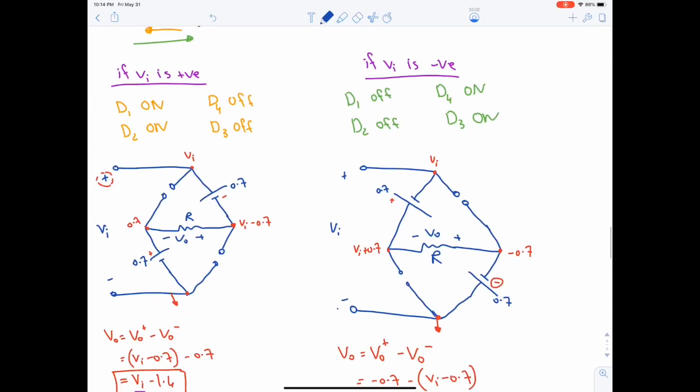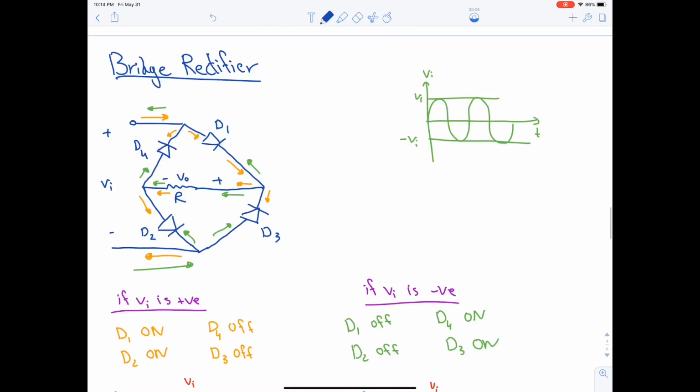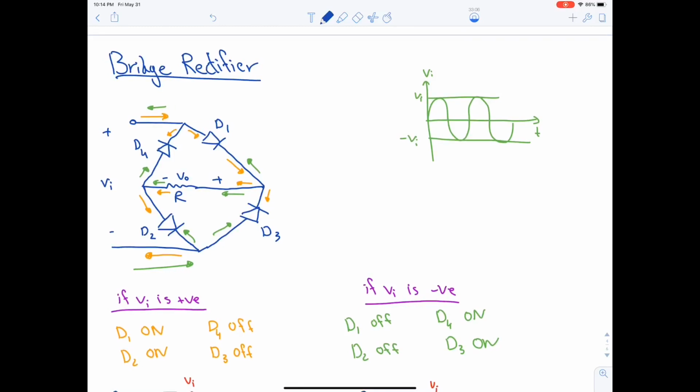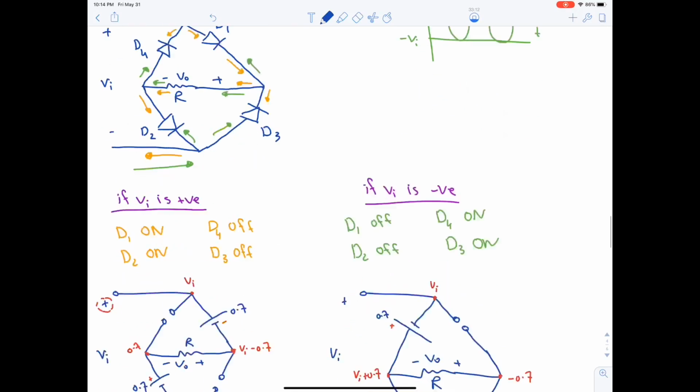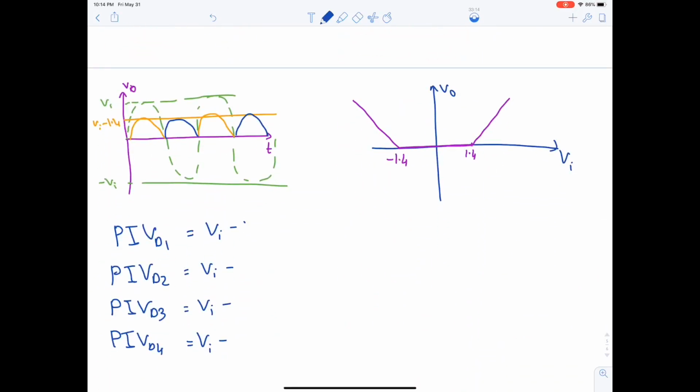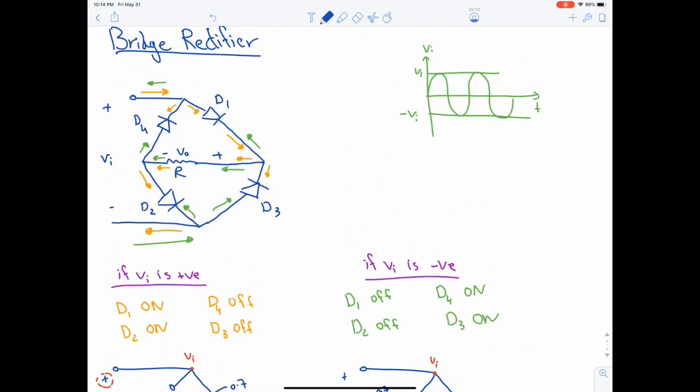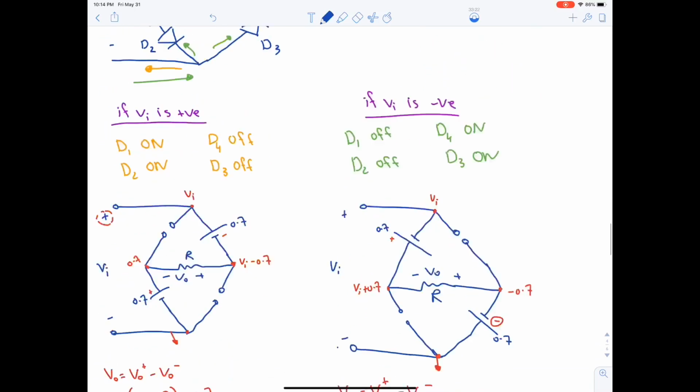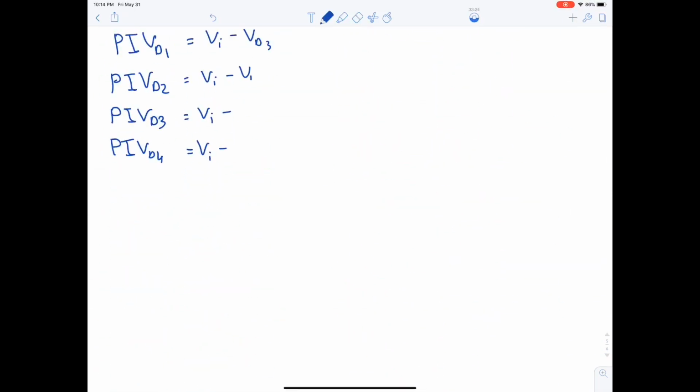Which diode? The diode that is vertically under or above it. For example, for D1, which diode is vertically below or above it? It's D3. So PIV will be Vi minus VD3. For D2, it will be D4, vertically above or under it. So it will be VD4.